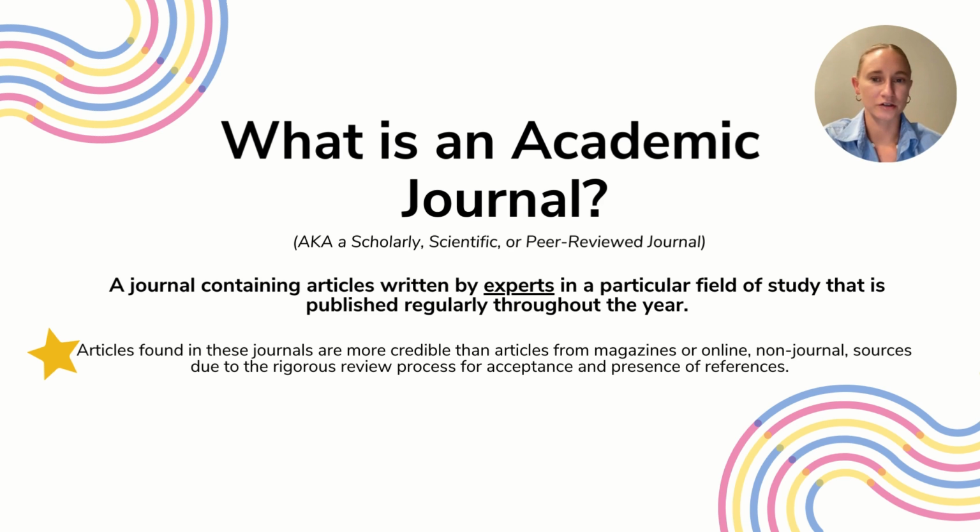Each of these journals contain articles that are more credible than articles from popular or trade journals, which are also known as magazines or other online sources, because they have gone through the most rigorous review process. This includes a review process for editing as well as acceptance for publication. Additionally, these articles have the most references or citations in comparison to other forms of articles.